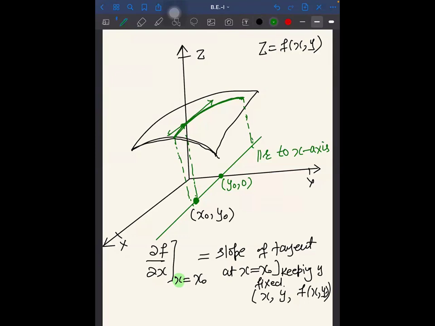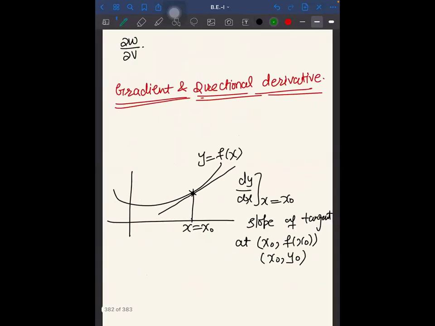Along that shape, this is your x naught point, this is your x naught, y naught, and z naught point, right? So now you are getting the derivative of f with respect to x only, and you keep your y fixed. That would be nothing but the slope of the tangent again, just similar to this. Why? Because in this picture we have two dimensions and we are getting the slope.